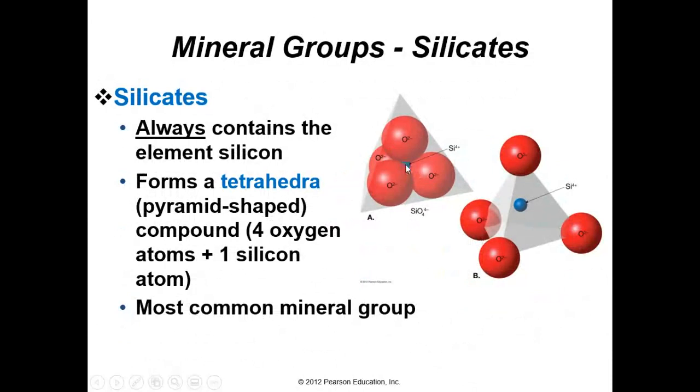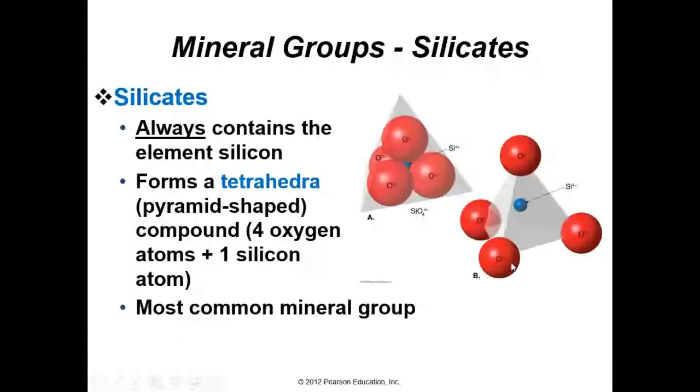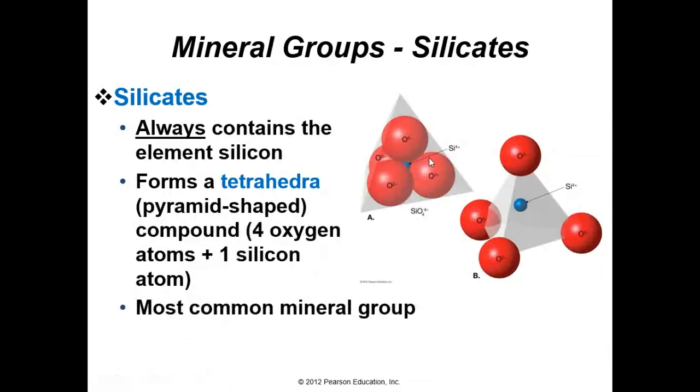What you get is one tiny blue silicon atom wedged in between 4 oxygen molecules, individual O2 molecules. The appearance looks like a pyramid, which is also called a tetrahedra. So silicates always appear in this tetrahedra shape.